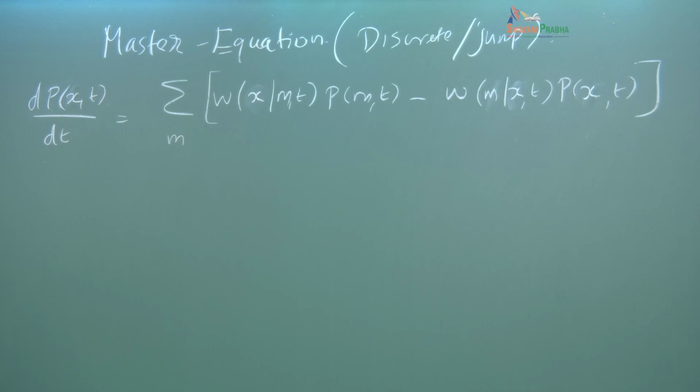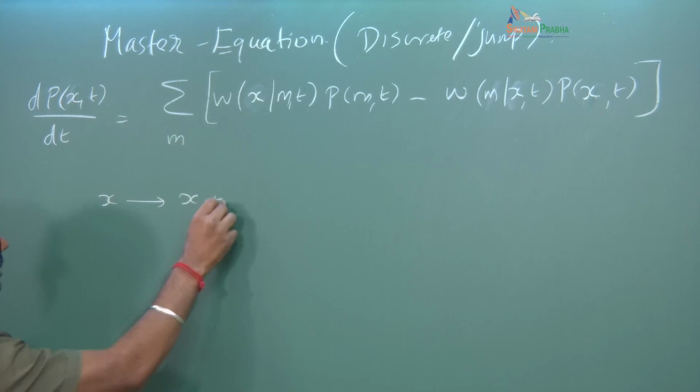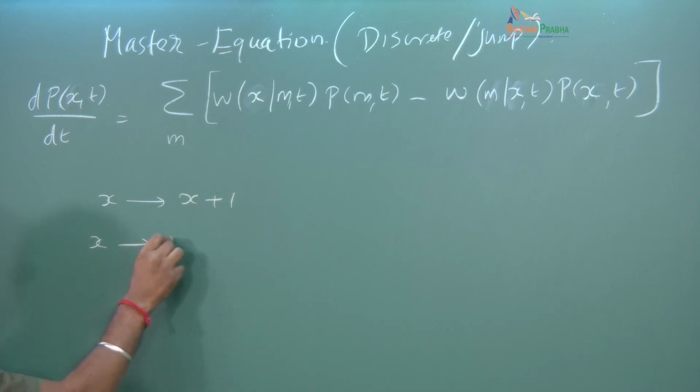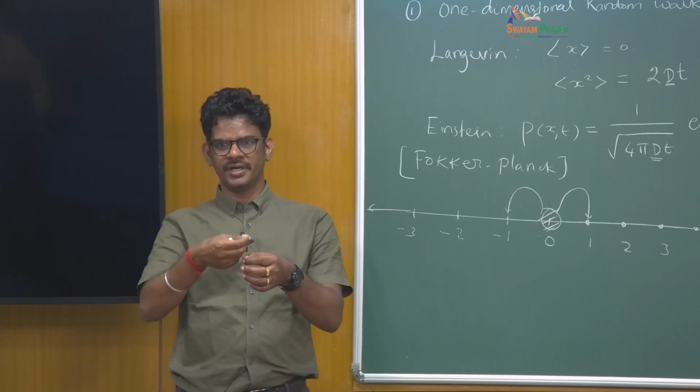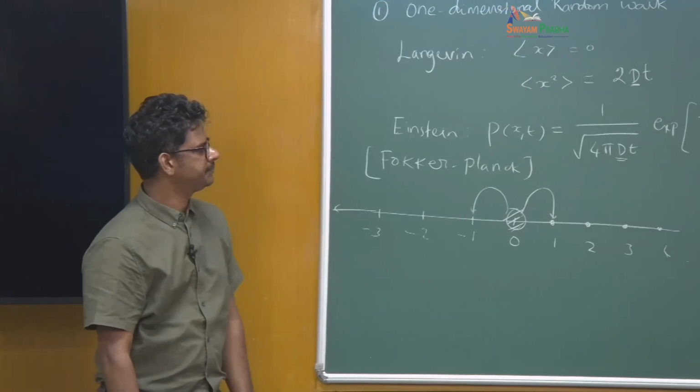So we have these 2 possibilities: being at x, it can go to x plus 1, or being at x, it can also go to x minus 1. Right? These are the 2 possibilities. When the particle is at position x, in the next jump it can go to x plus 1 or it can go to x minus 1.